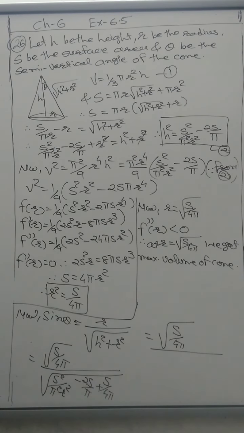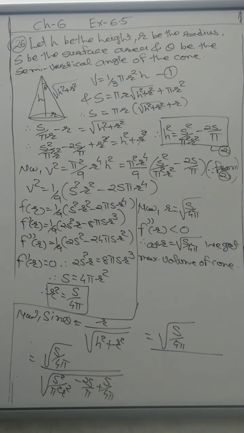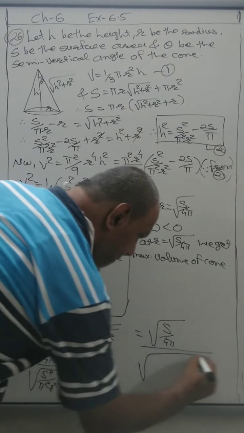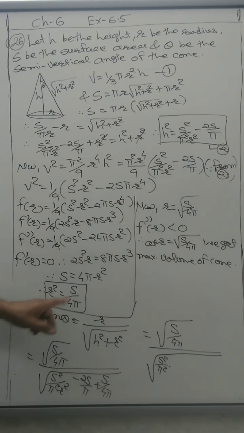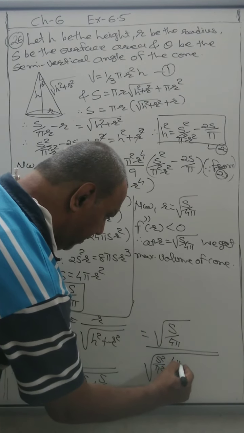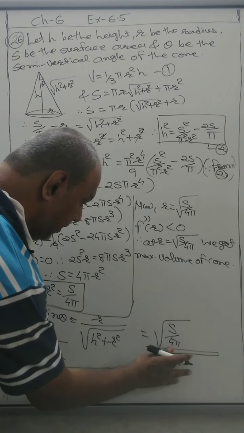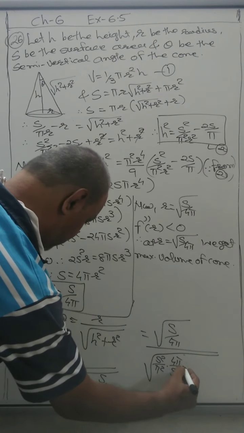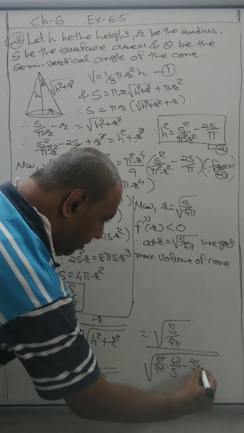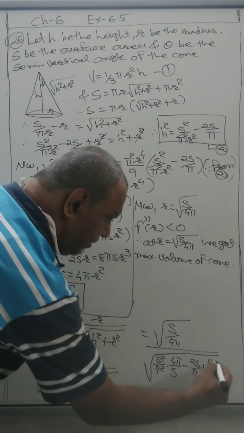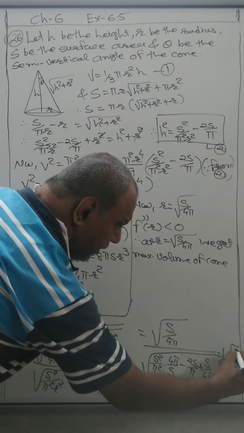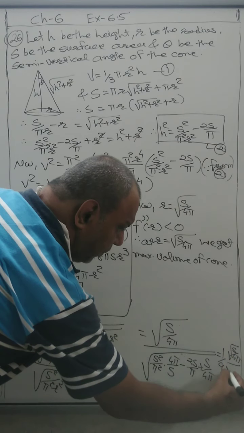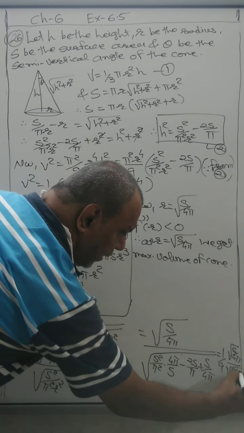If we take the LCM and put the value of r square, s square upon pi square, r square is s upon 4 pi, so 4 pi upon s minus 2s by pi plus s upon 4 pi. Then the result is 1 by 9 root s upon 4 pi upon root s upon 4 pi.